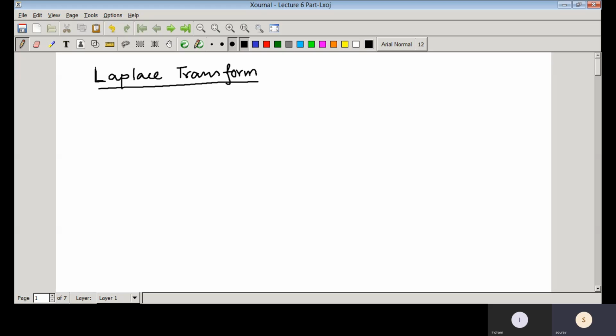So this is lecture 6, and in the last lecture we discussed the Laplace transform, and also the different advantages of using it.